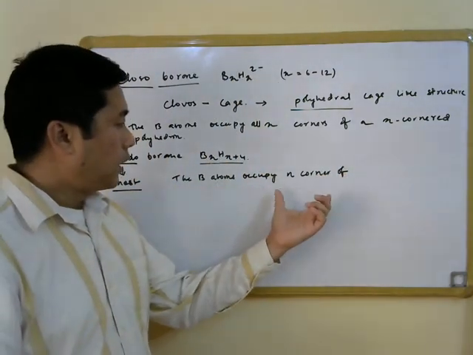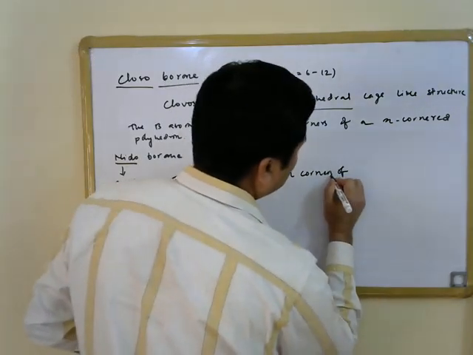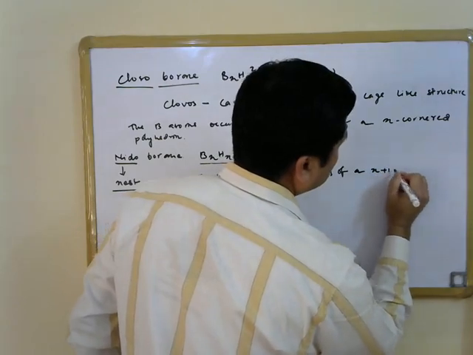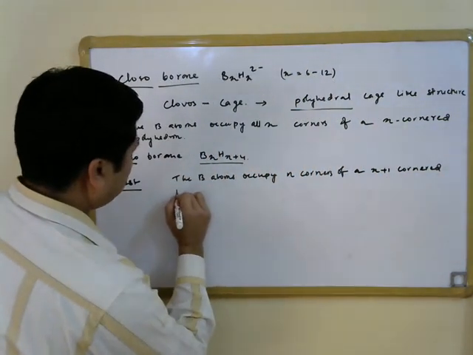So the n boron atoms occupy n corners of a n+1 cornered polyhedron.